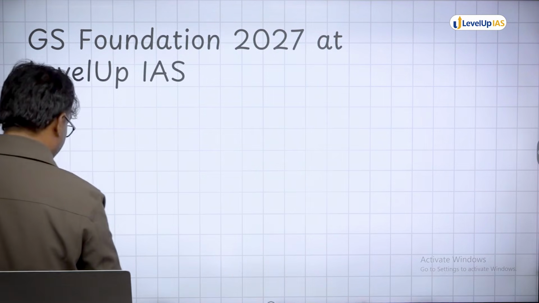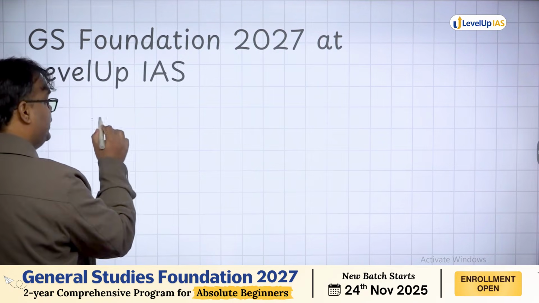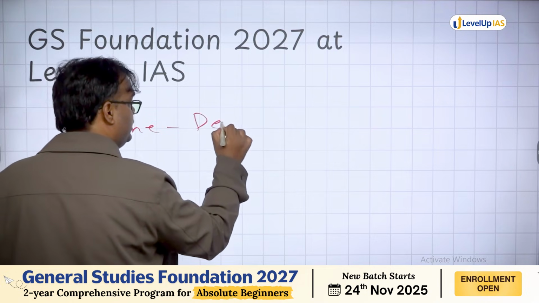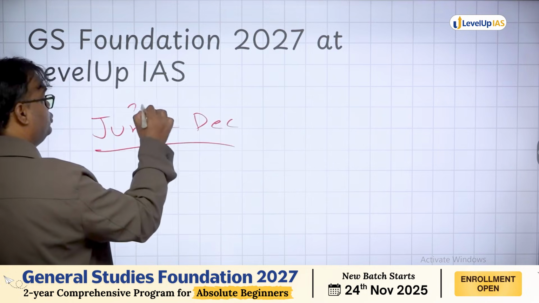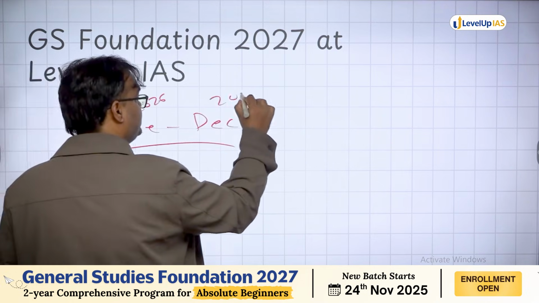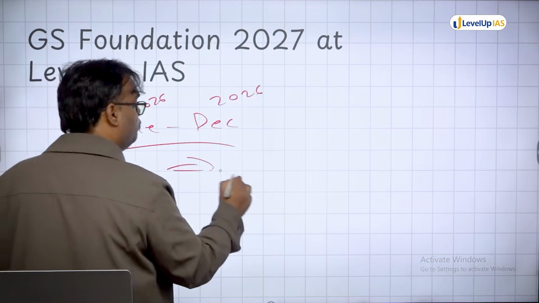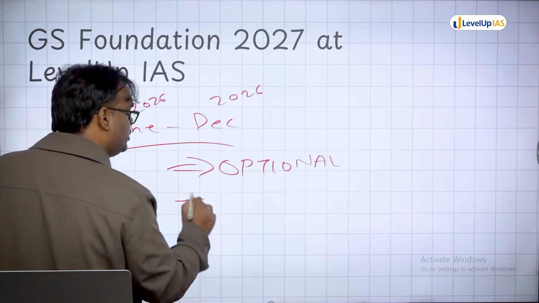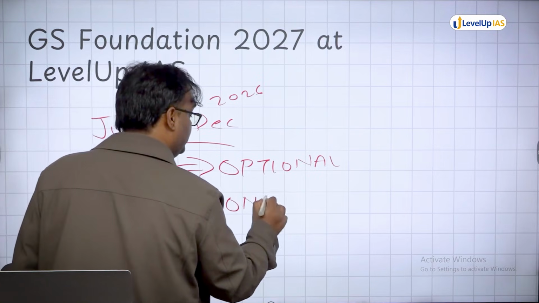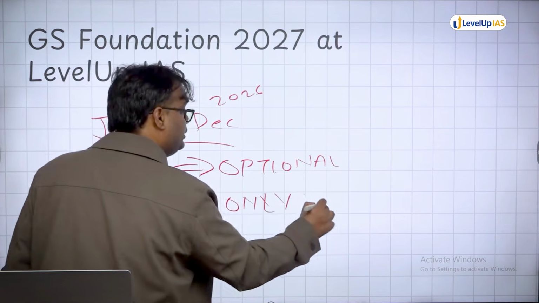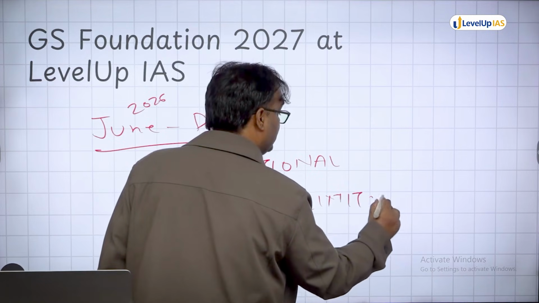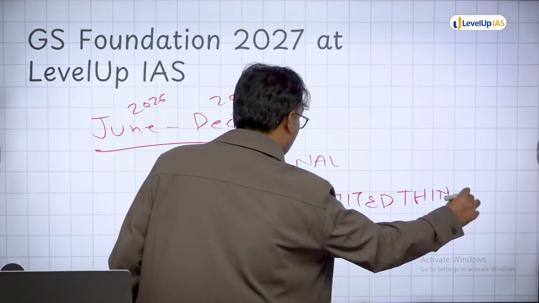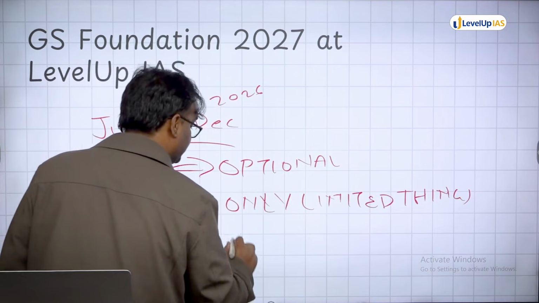Similarly, in this program, in the second phase, June to December 2026, we are asking students to focus more on their optional, and in GS only limited things have to be done, with more focus on revising GS.